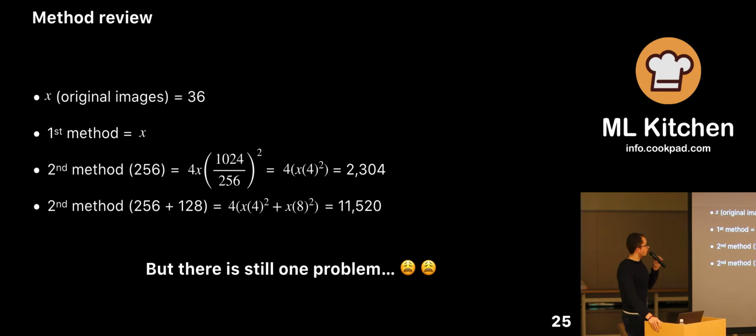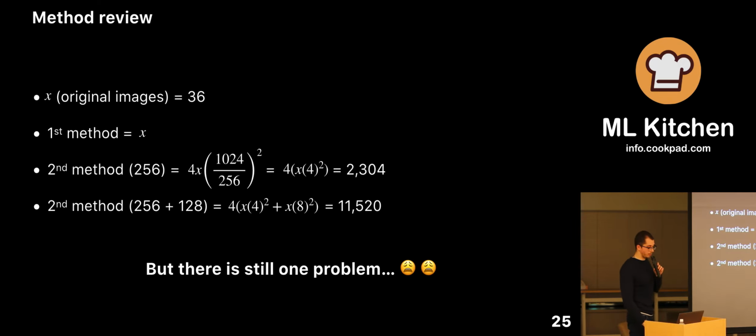And if I had a square with a width and height of 128, I can have 11,520 images. So it was really good for me. I had 36 images at the beginning and more than 10,000 at the end.